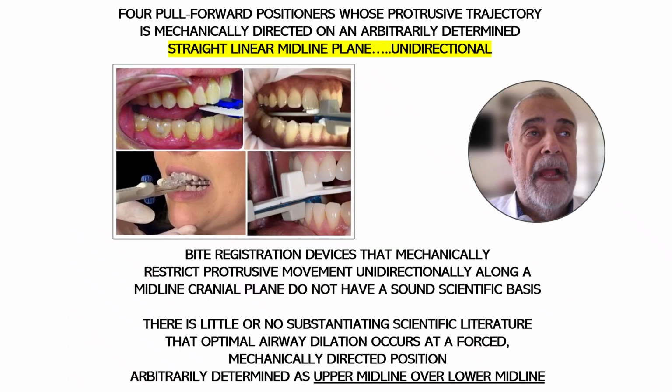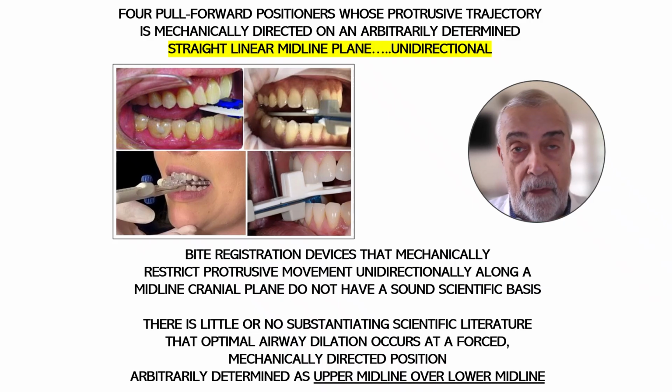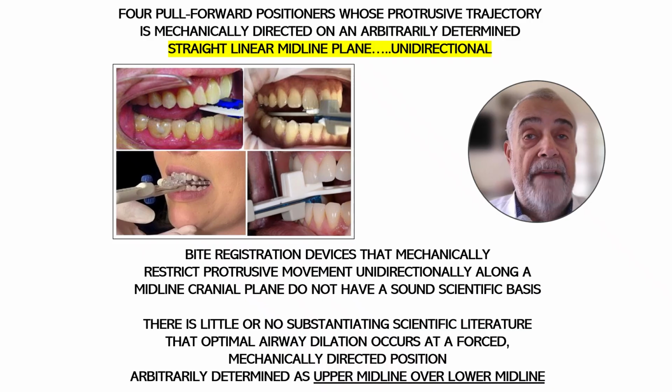This slide shows 4 pull-forward positioners whose protrusive trajectory is mechanically directed on an arbitrarily determined straight linear midline plane. Bite registration devices that mechanically restrict protrusive movement unidirectionally along a midline cranial plane do not have a sound scientific basis.